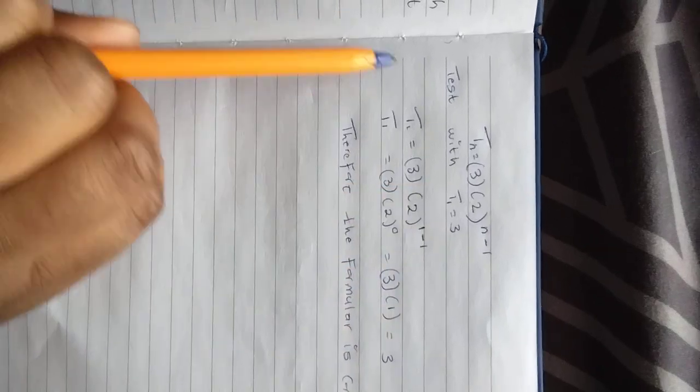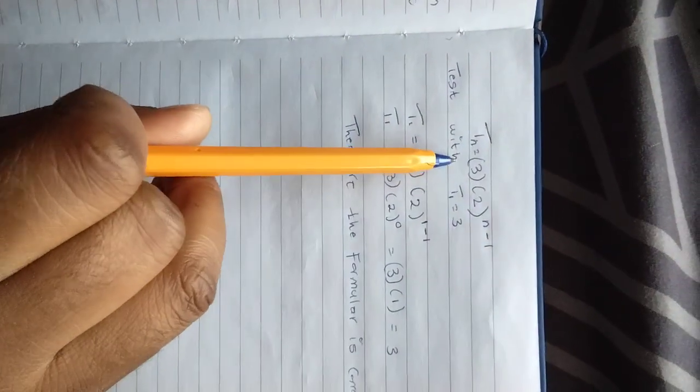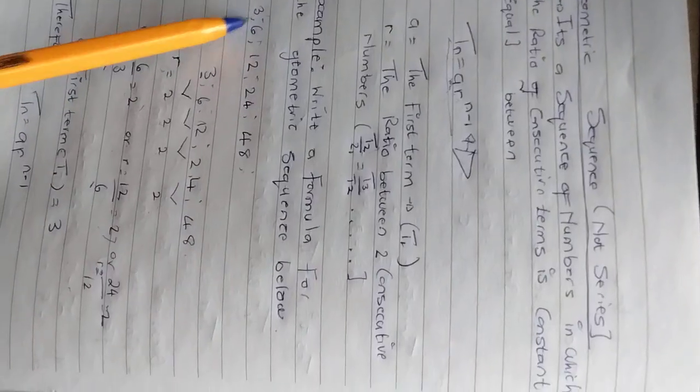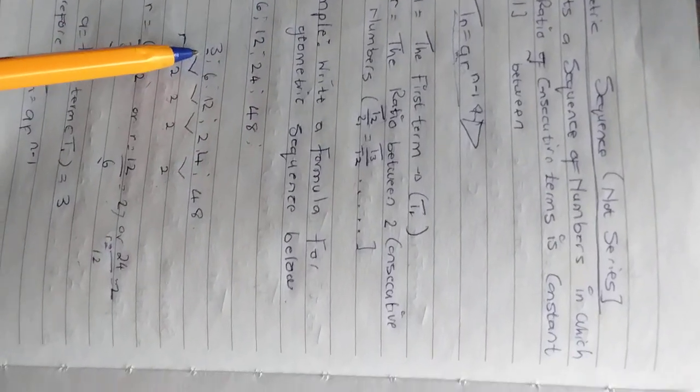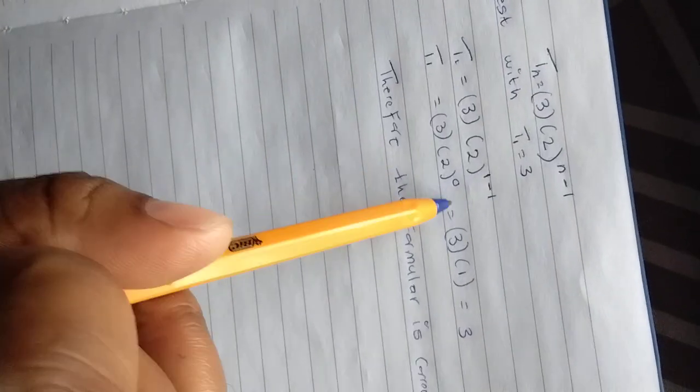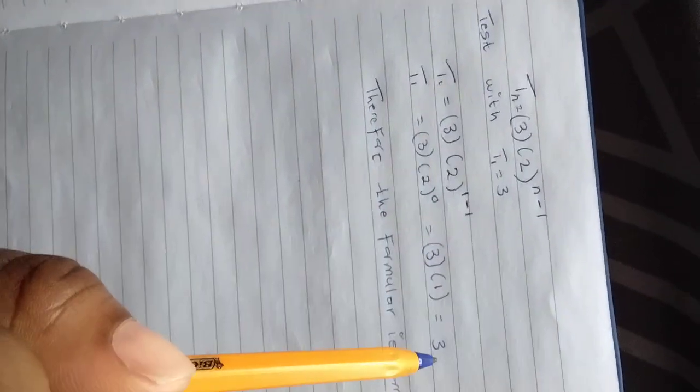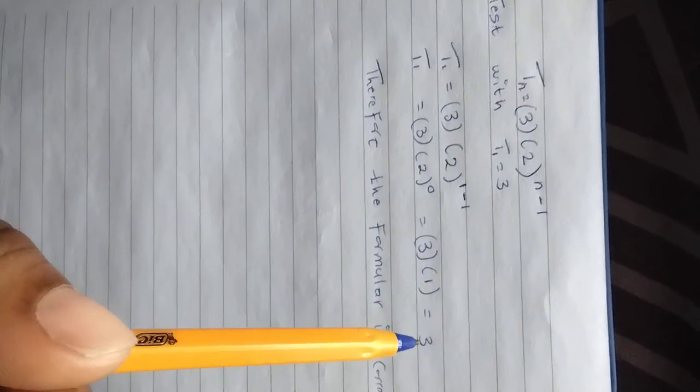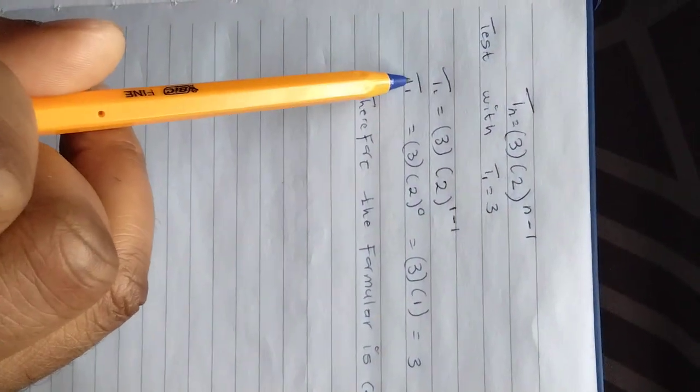It's always good to test your equation, just to be sure. You know me and testing. Let's use T1. We know T1 equals 3, so we must get 3 for T1 to be sure our equation is correct.